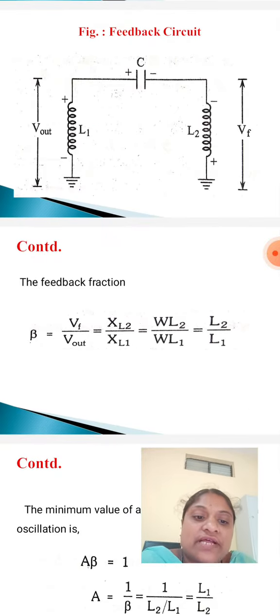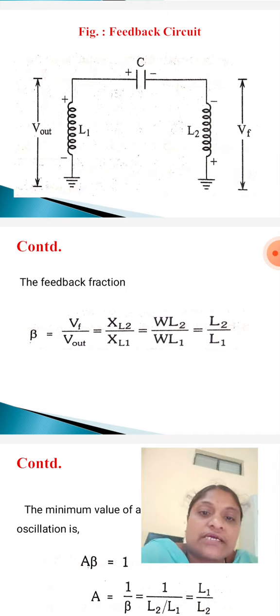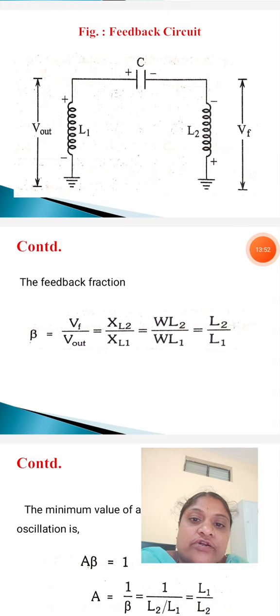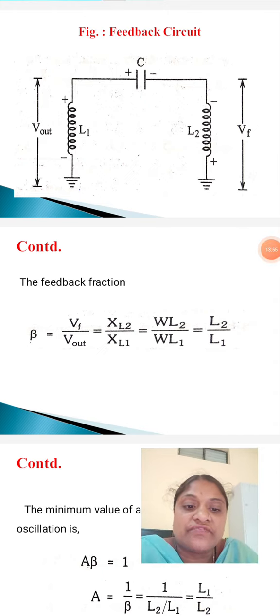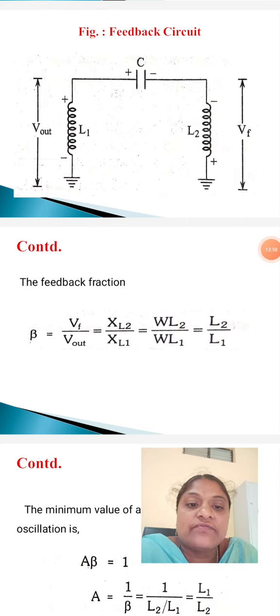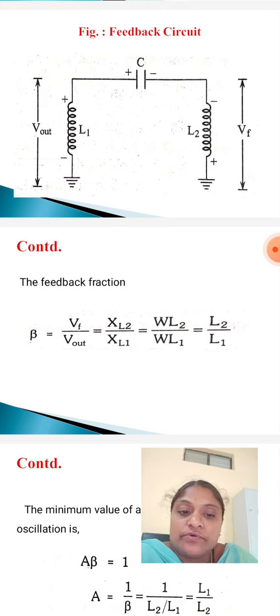The feedback fraction or feedback ratio is denoted by beta. What is the definition of beta? It is defined as the ratio of feedback voltage to the output voltage.